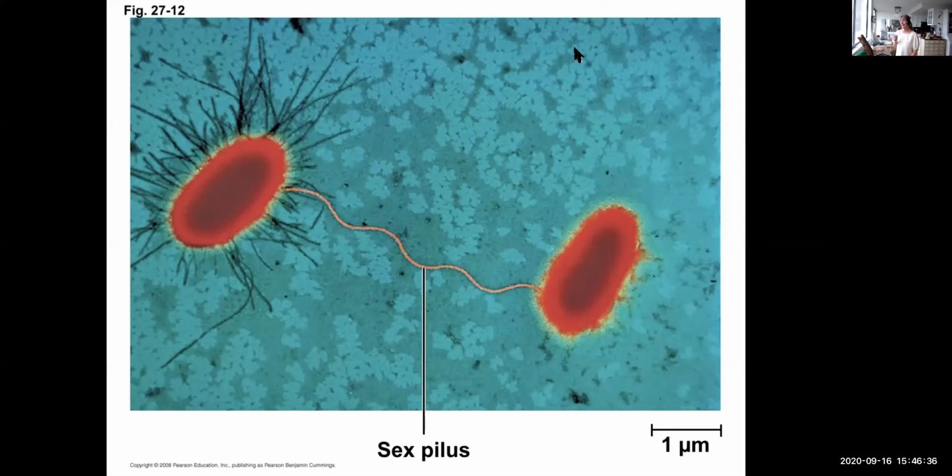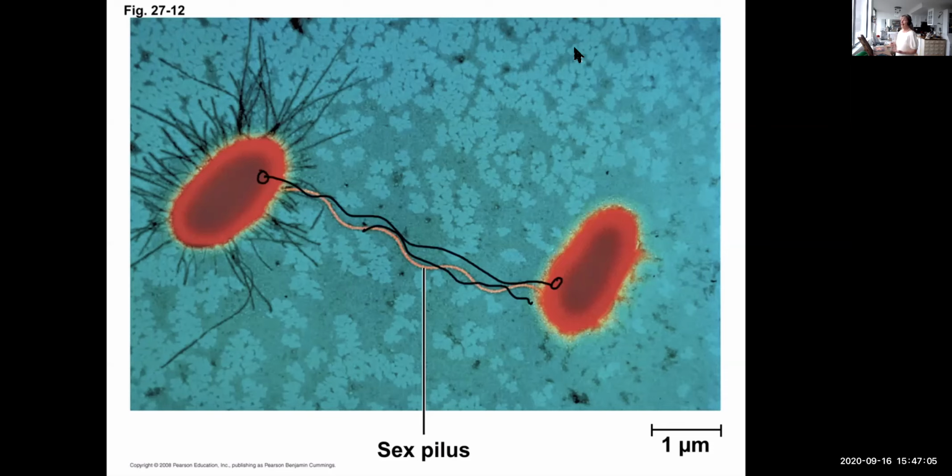And we also discussed reproduction. Bacteria reproduce asexually and sexually, mostly asexually by binary fission. They can also exchange DNA through these pili, so the little plasmids would travel from one bacterium to another.